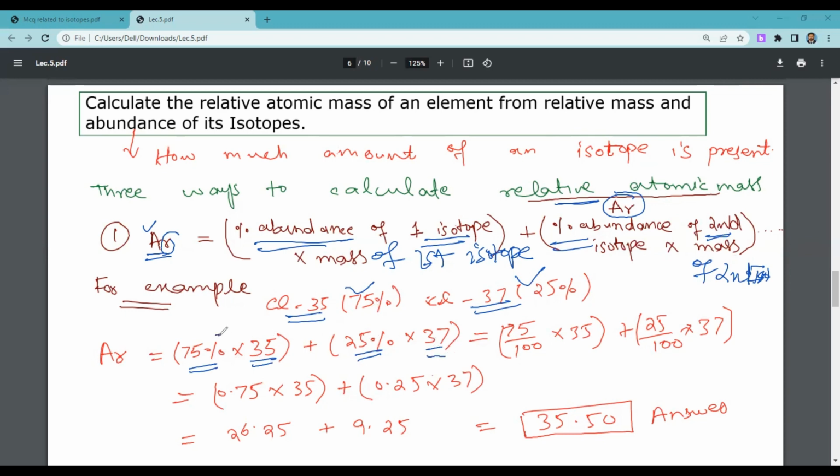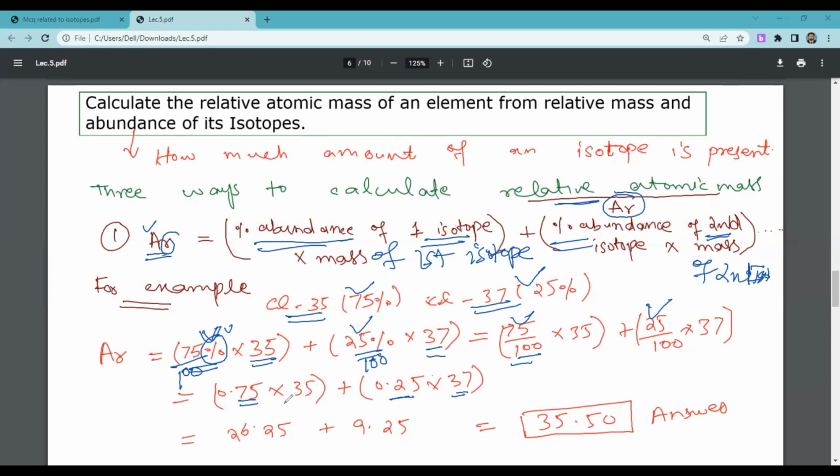This percentage indicates that out of 100 it is 75%, and out of 100 it is 25% present. So we will convert percentage into simple numbers: 75 over 100 plus 25 over 100. So it will become 0.75 and 0.25.